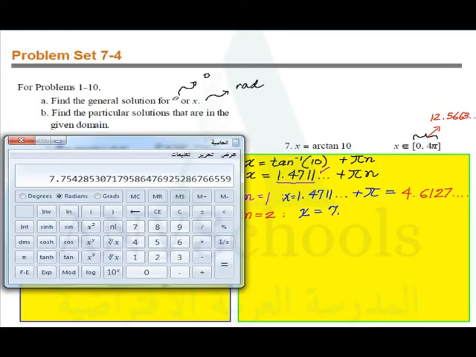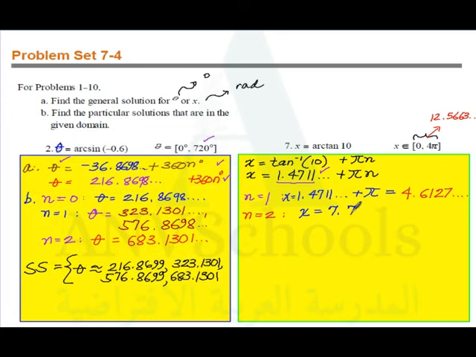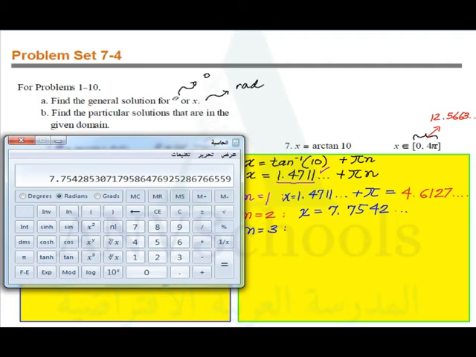So this is still included. When n is equal to 3, meaning we have 3 times pi plus 1.4711, that's equal to 10.8958.